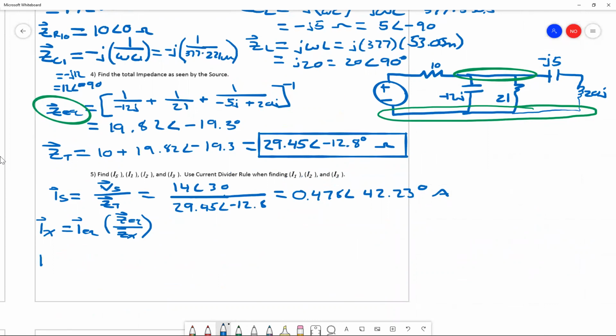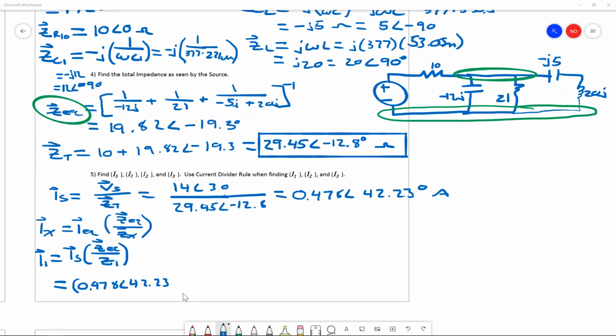So I1 is going to be equal to, like we said, IS times ZEQ over the impedance of branch 1. Let's see if we remember that. IS was 0.478 at an angle of 42.23.